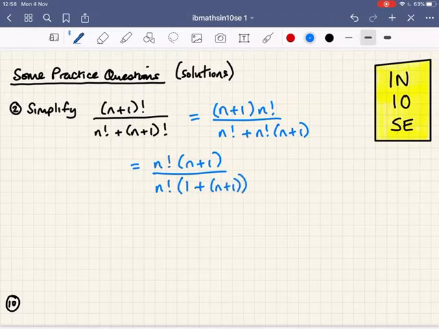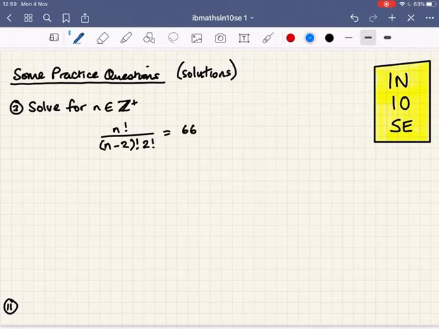I've factorized that, hopefully you can see that. n factorial plus n factorial times n plus 1. Take n factorial outside the brackets, and inside the brackets 1 plus n plus 1. Then I can simplify that by cancelling down the n factorials, and I end up with n plus 1 on the top, and 1 plus n plus 1 is n plus 2 on the bottom. Marvellous.